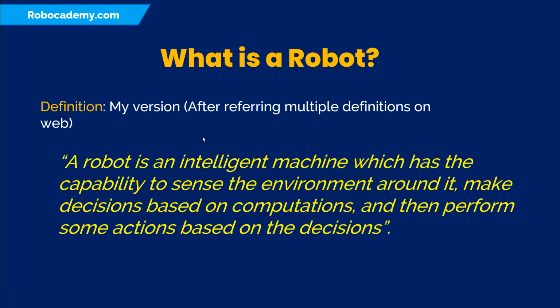But in reality, it's much different than what we see in the movies. I showed the book, right, the handbook of robotics. You can just check that book. I can say it's the Bible of robotics.